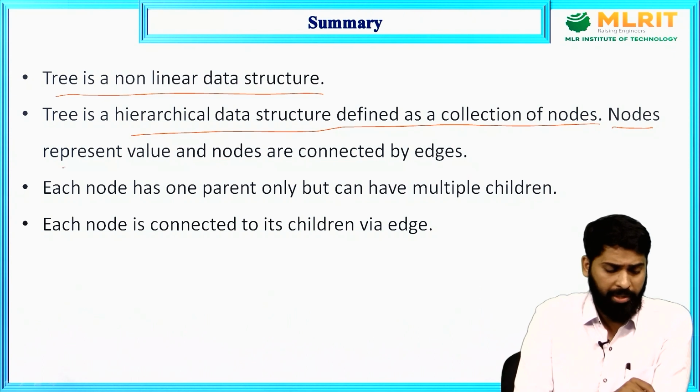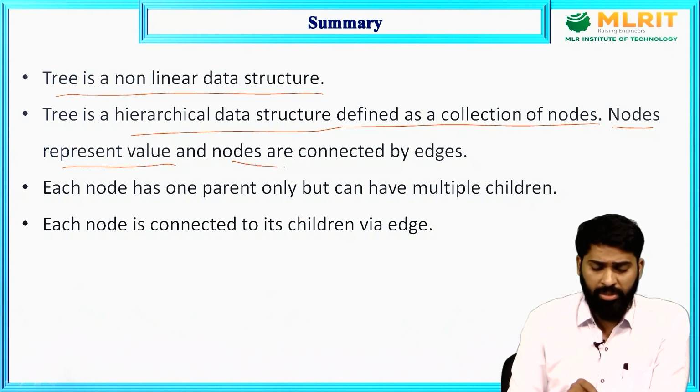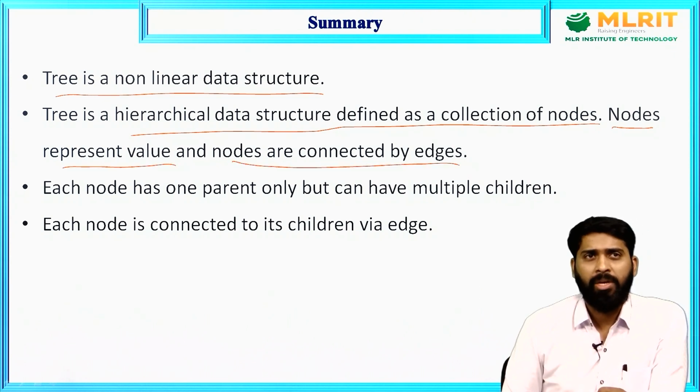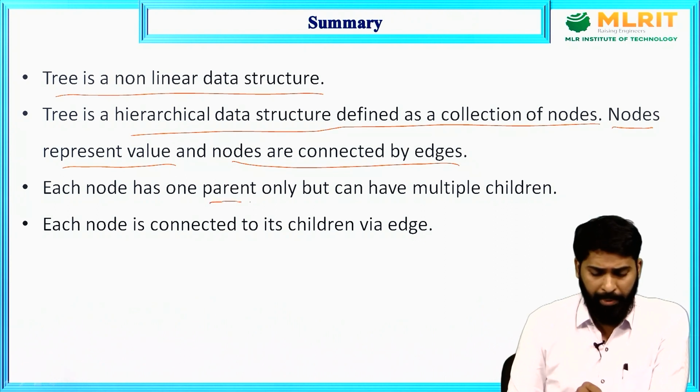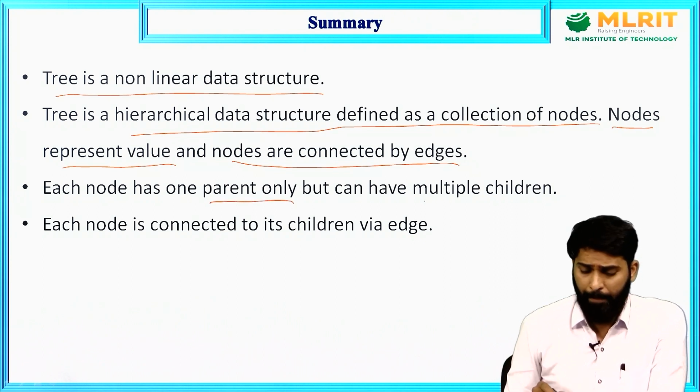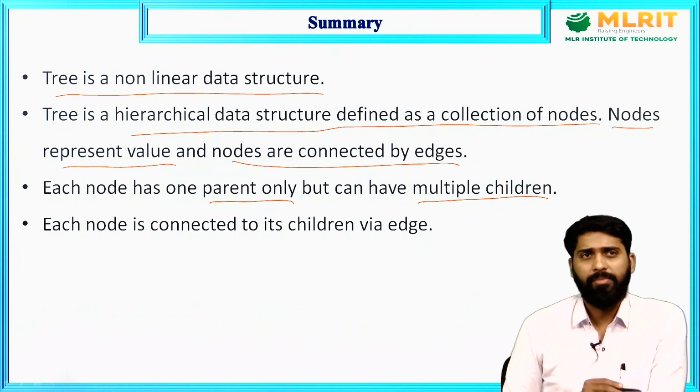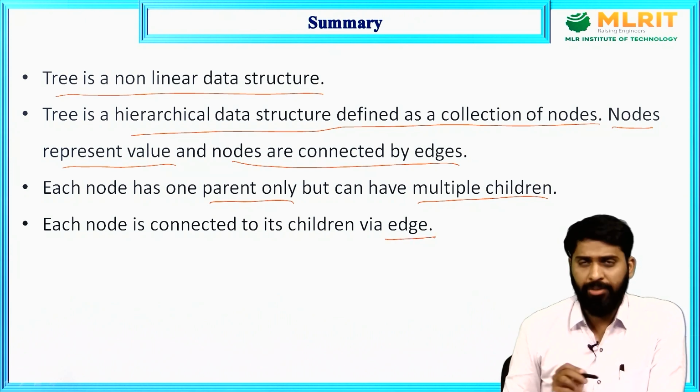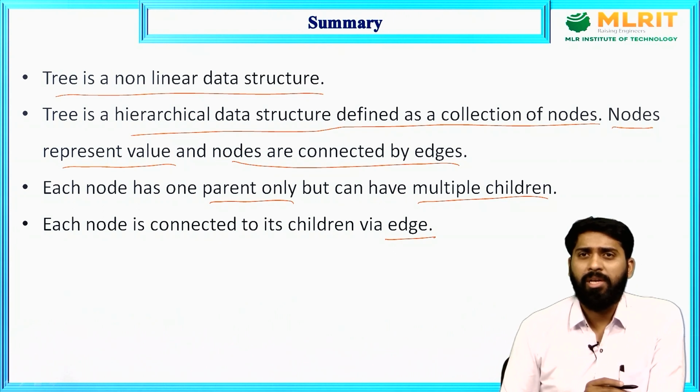Nodes represent values and nodes are connected by edges. Each node has one parent only but can have multiple children. Each node is connected to its children via edge. Okay. In next class, we are going to see how to represent tree data structures.